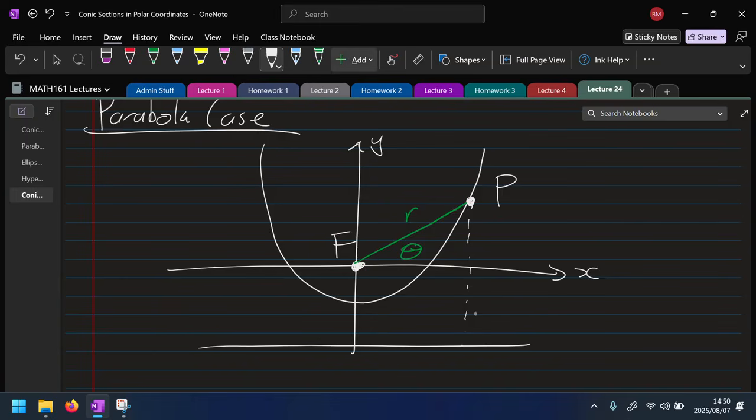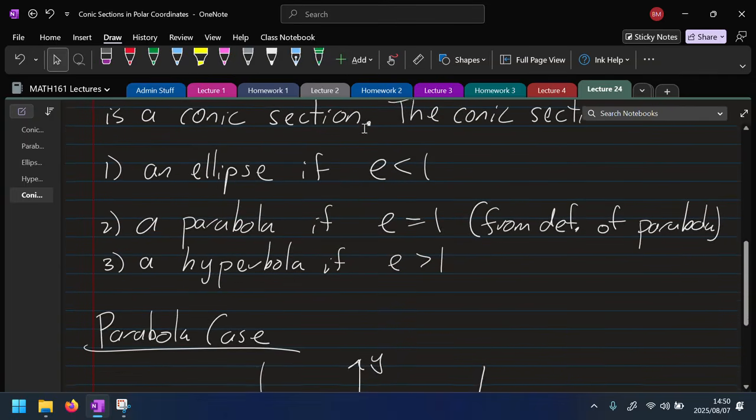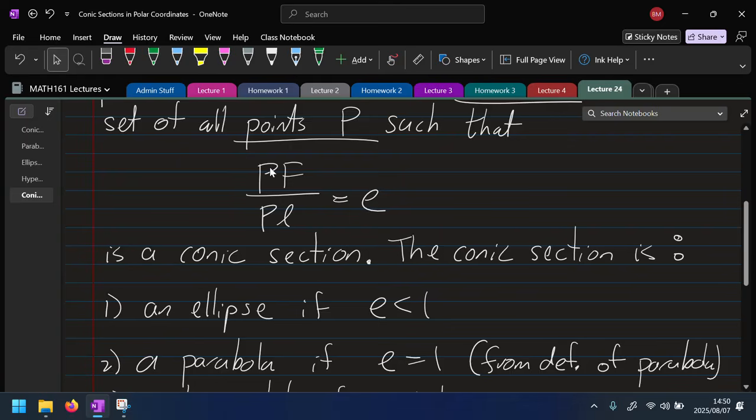So that's the same setup that we had last time, but now in polar coordinates, same idea. What we want to do is start off with this equation here, and then end up with the polar form for this. So we need PF over PL is equal to E.